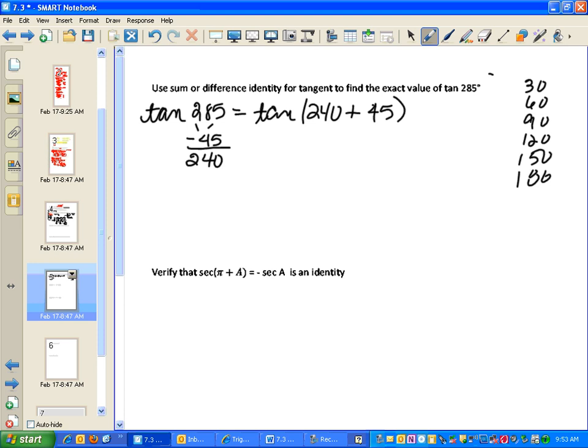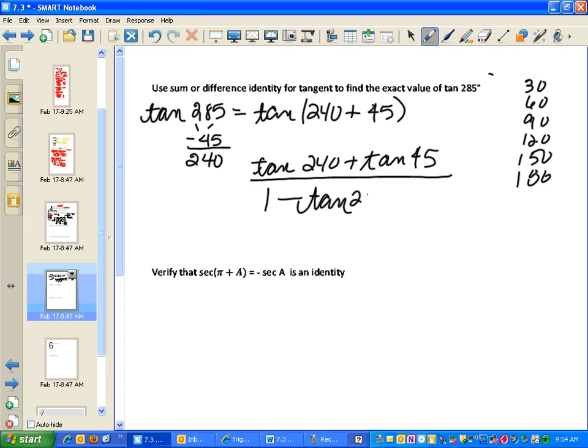Okay? So what's my tangent identity tell me to do? But how do I do it? If I'm adding, what's my tangent say? It's going to be the tangent of 240 plus tangent of 45, same sign, and then 1 minus tangent of 240 times tangent of 45. So 240 is in the third quadrant.